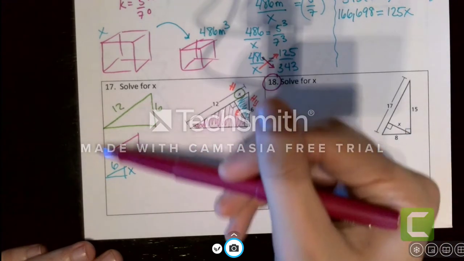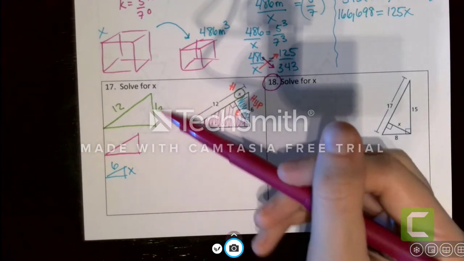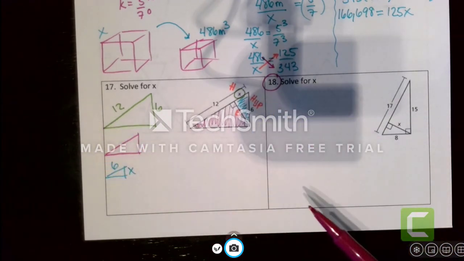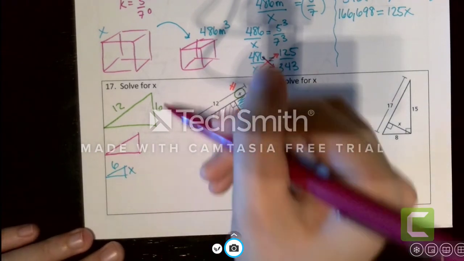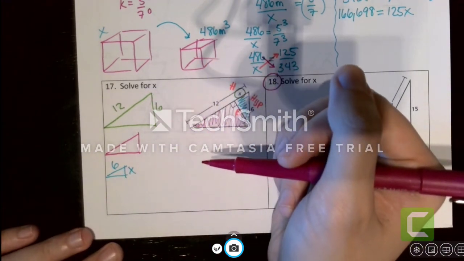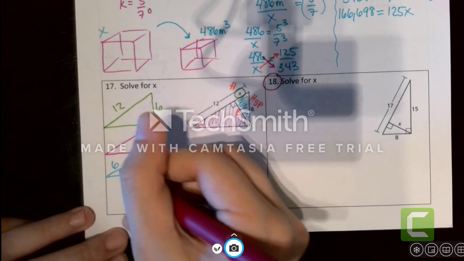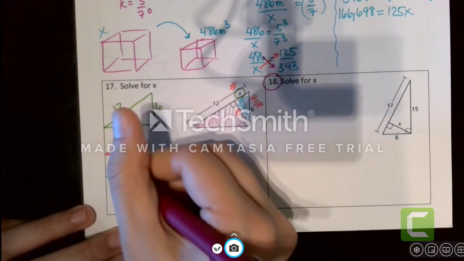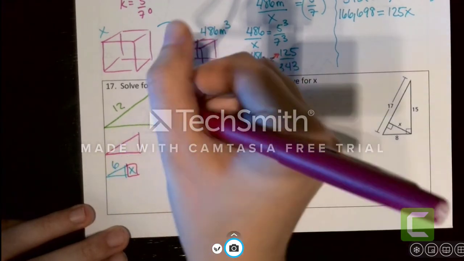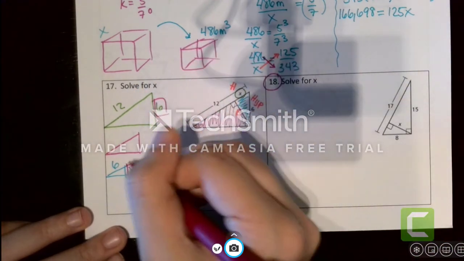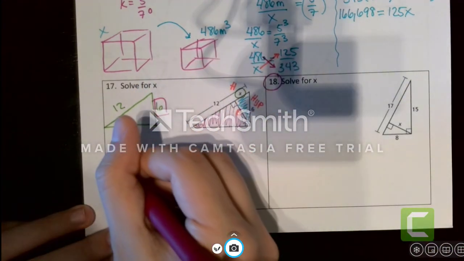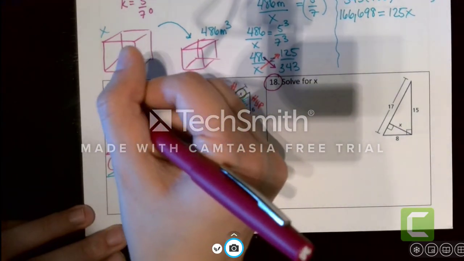With all this information filled out, I could start pairing up different information about the proportions. I can claim that my heights are proportional to each other in this problem, which means that x is proportional to 6. And if heights are proportional, then hypotenuses must be as well.